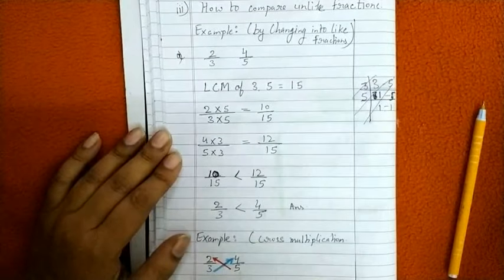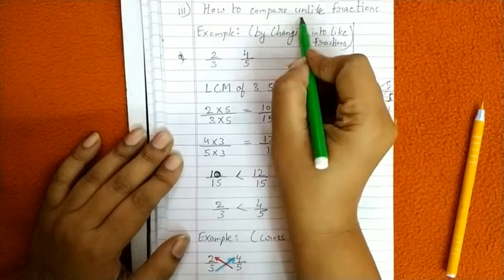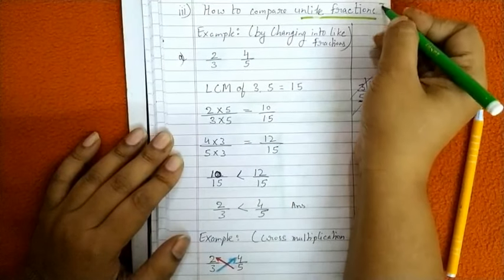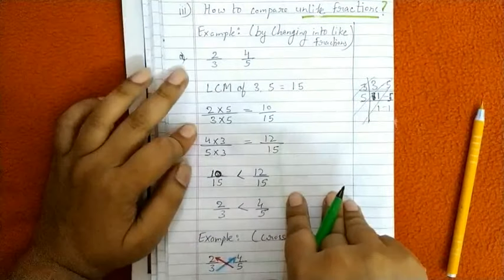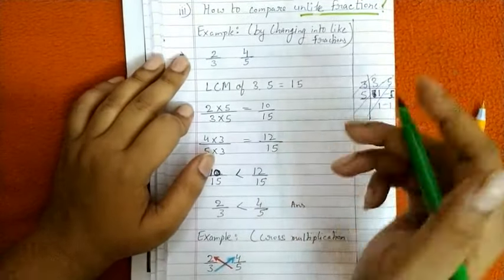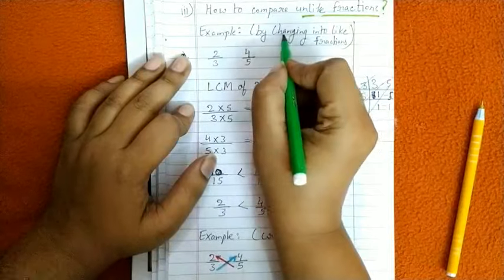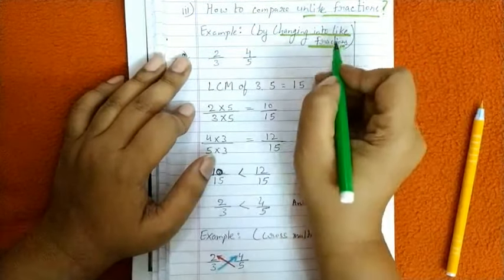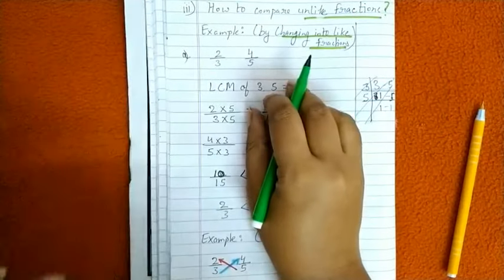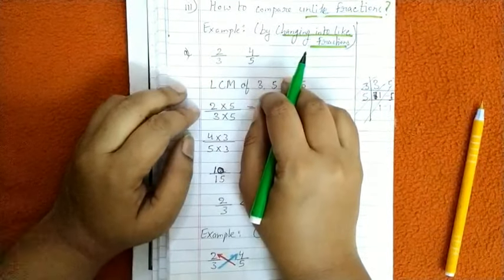Now, children, see how to compare unlike fractions. Now we will see how to compare unlike fractions. We will compare unlike fractions by changing into like fractions. So, children, tell me the difference between like fraction and unlike fraction.